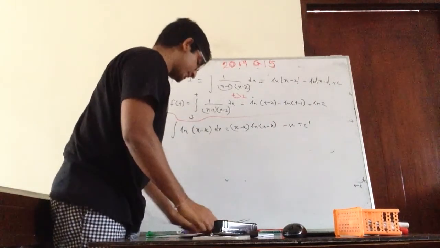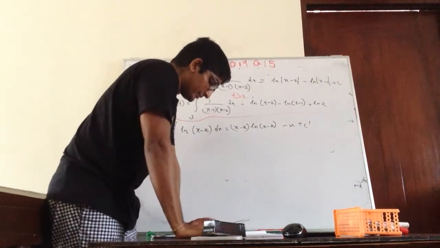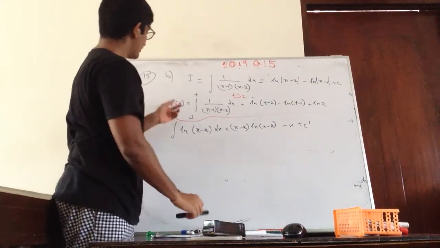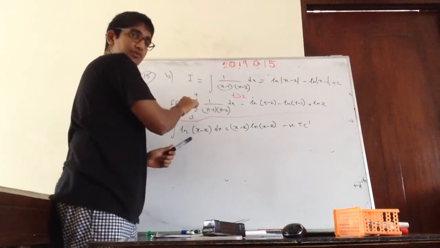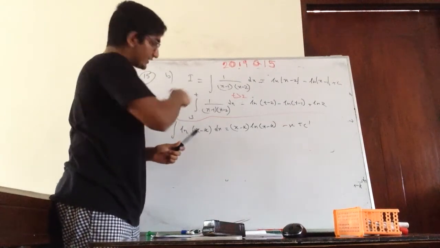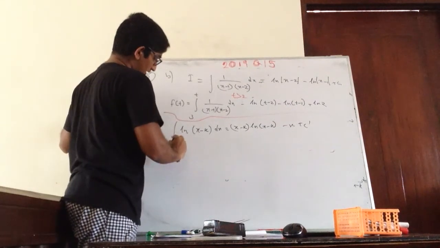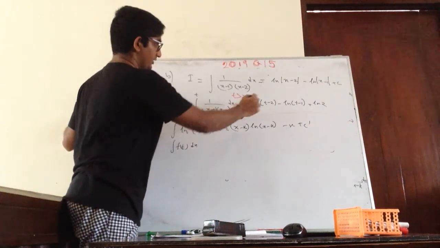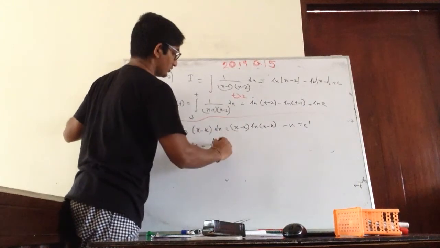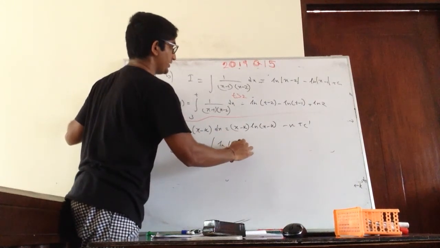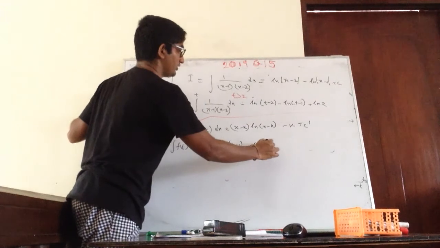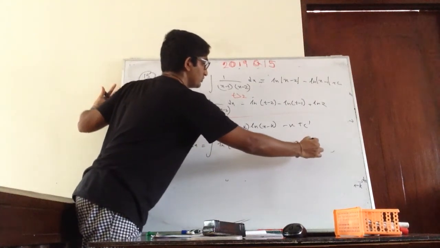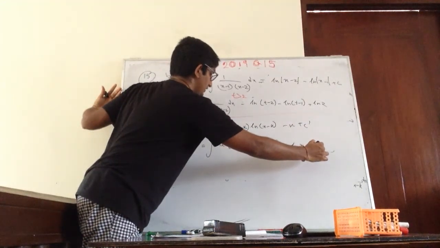So now what are they asking next? Then they are saying, hence find the value of the integral of f(t). So now we need to integrate this f(t) as well. So now the integral of f(t) dt is, that means we have to integrate this ln(t minus 2) minus ln(t minus 1) plus ln 2 dt.